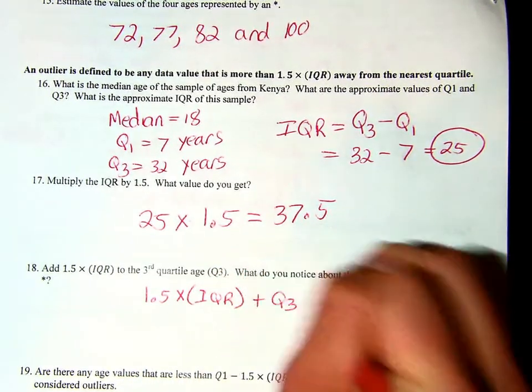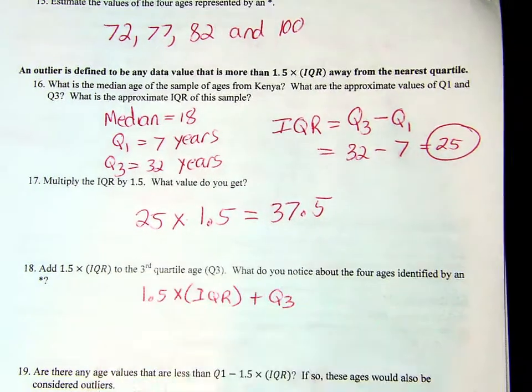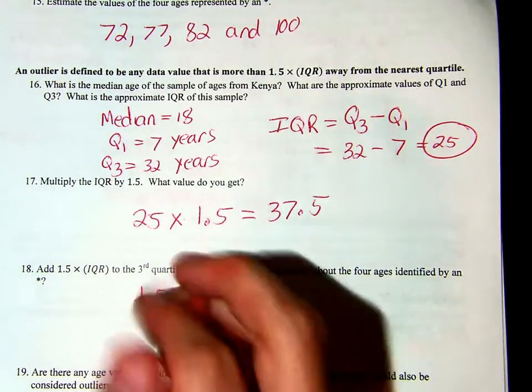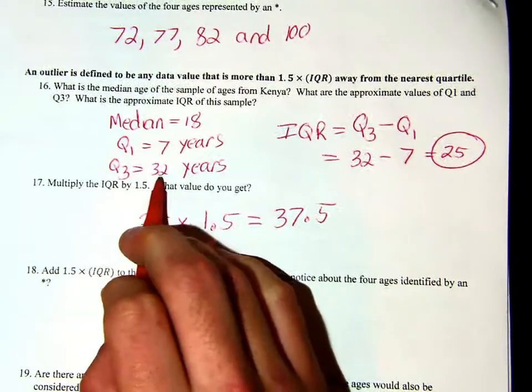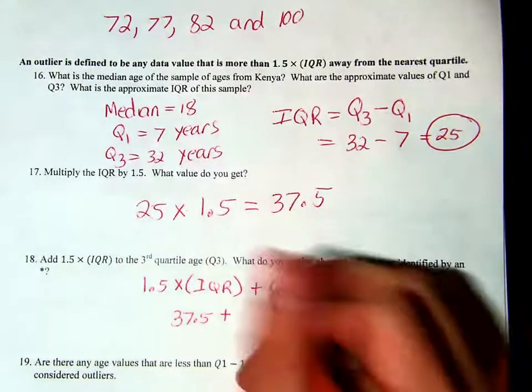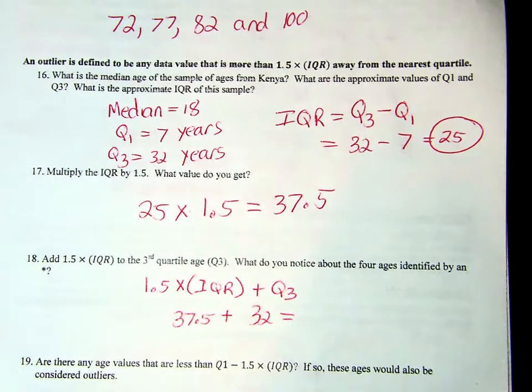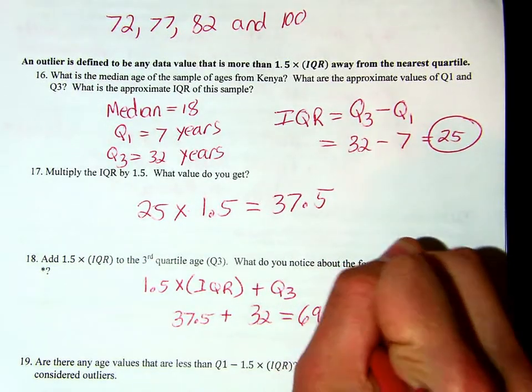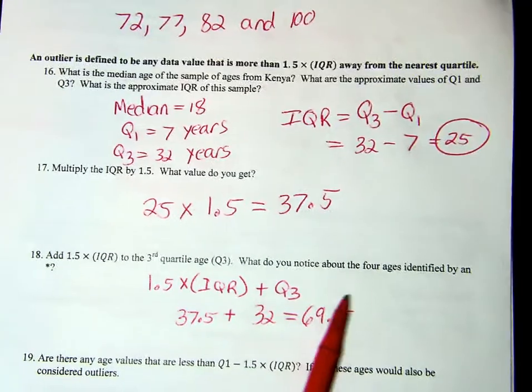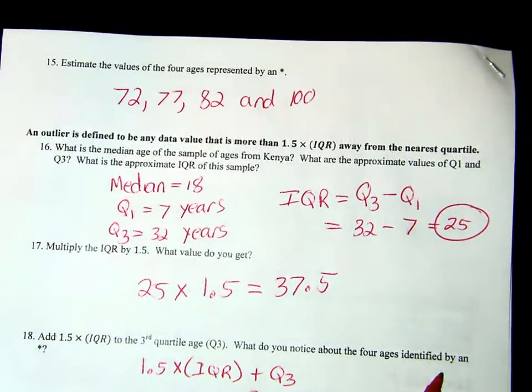Well, we know that 1.5 times IQR is 37.5, so we're going to have 37.5 plus our quartile 3, which is 32. And if we add those together, I'm going to get 69.5.